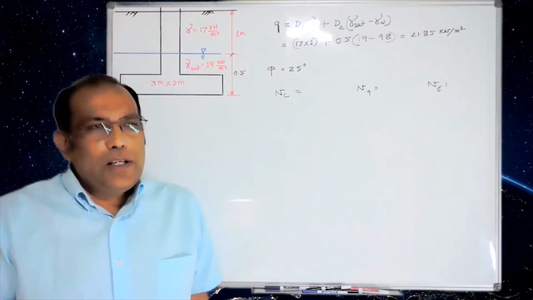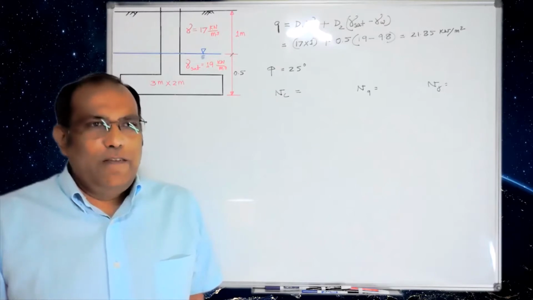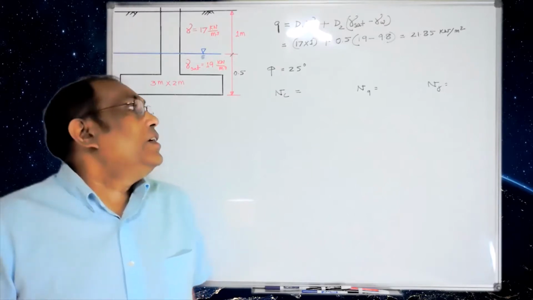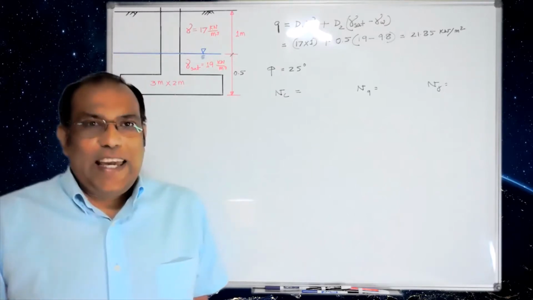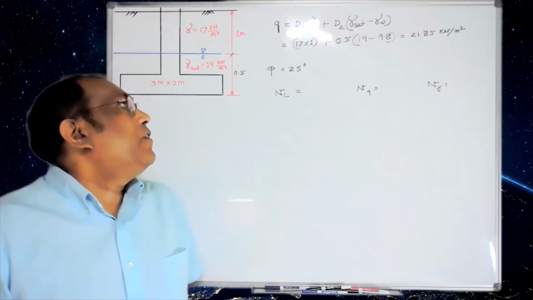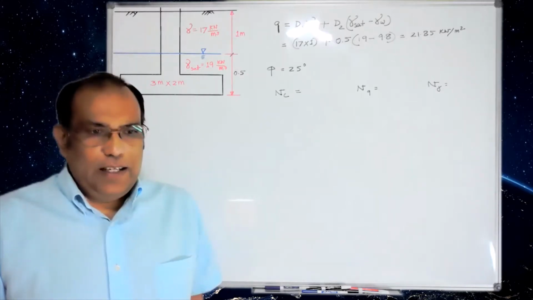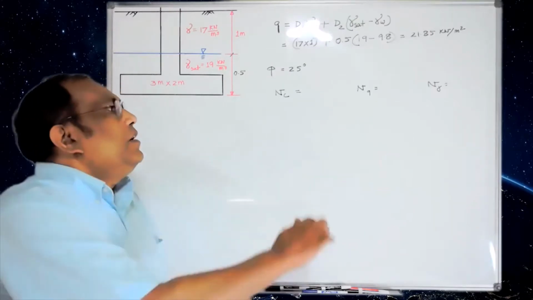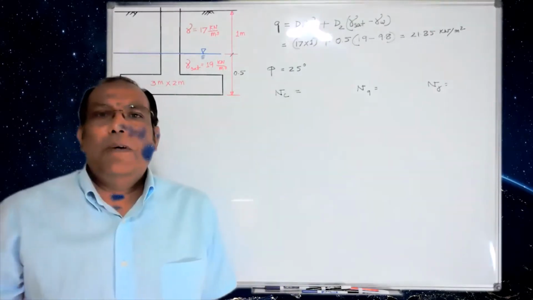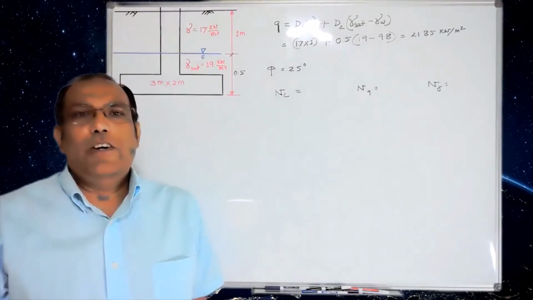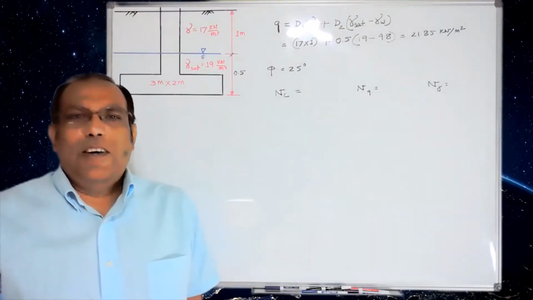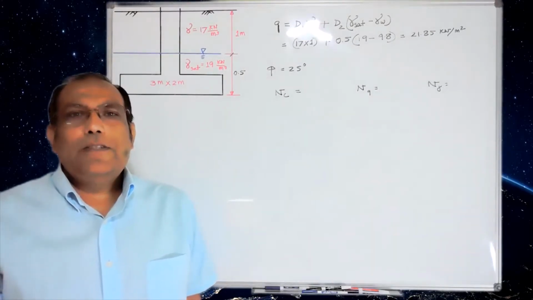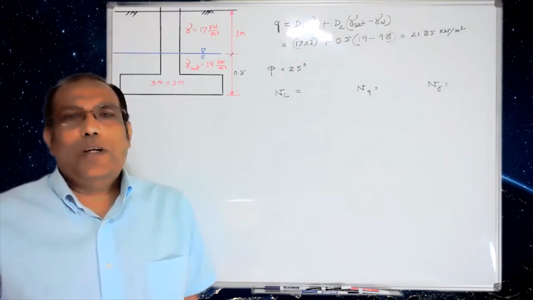Okay, let's go to the table and see what the values are for our NC, NQ, and N gamma for phi equal to 25 degrees. Your bearing capacity factors are basically a function of your phi only. Okay, so let's go there and take a look at what the values are.